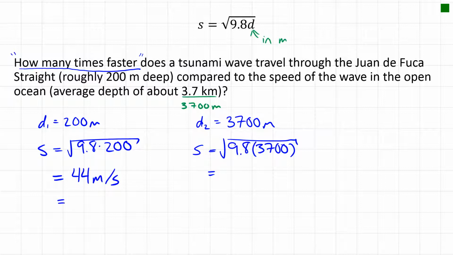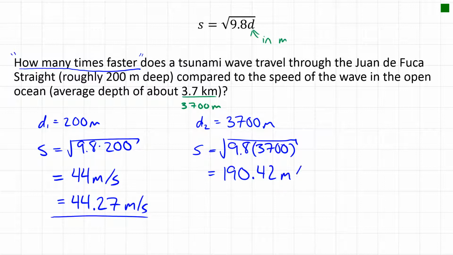I should have kept a couple more decimal places, so let me write down a couple more decimal places in my calculator before moving on. So let's call it 44.27 meters per second. So now we'll go ahead and calculate the speed at the open ocean depth. So when I do that calculation, I get a total of 190.42 meters per second.